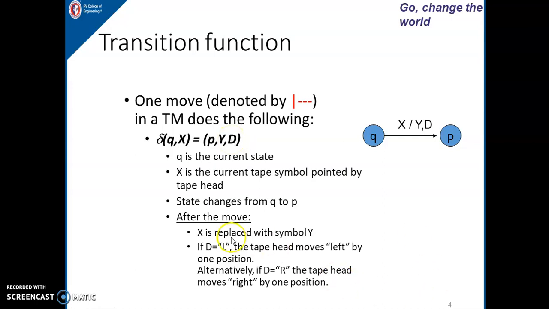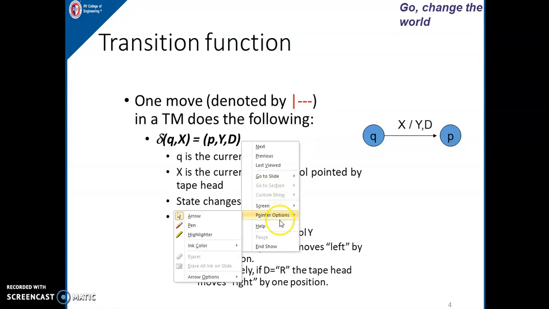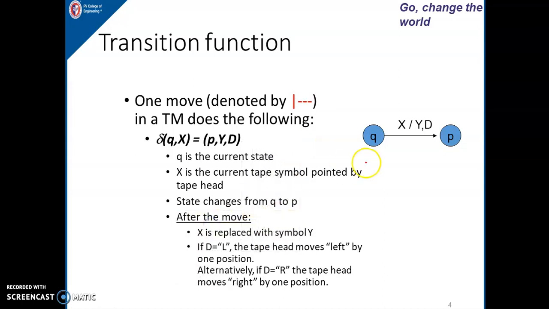If d is equal to L, the tape head moves towards left by one position. Alternatively, if d is equal to R, the tape head moves right by one position. This is the transition function, and for the same transition function this is the graph representation. You can see here q as the current state and p as the next state.